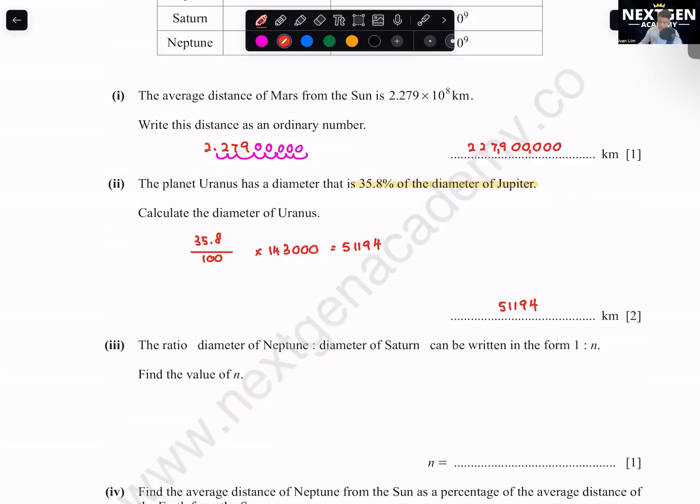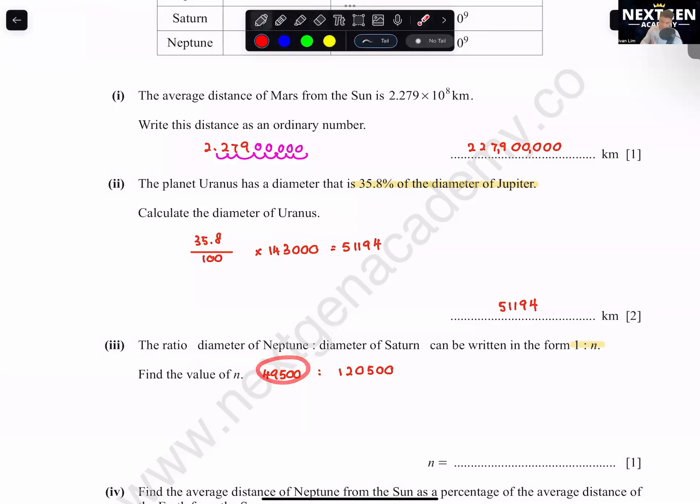Next one. The ratio of the diameter of Neptune to the diameter of Saturn can be written in the form 1 to n. Write the value of n. So let's see. Neptune is 49500 to 120500. We want to write it in the form 1 to n, so I need to change this to 1.